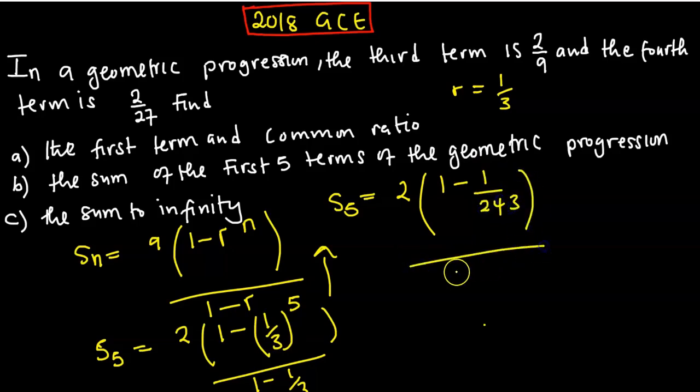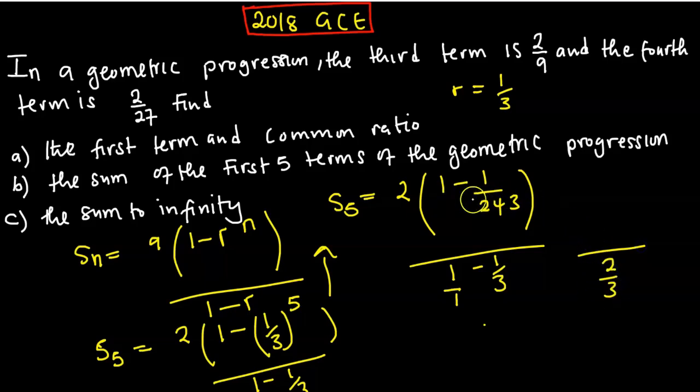Then divide by 1 minus 1 over 3. The lowest common denominator is 3. On top, 3 minus 1 is 2, so it's going to be 2 over 3.